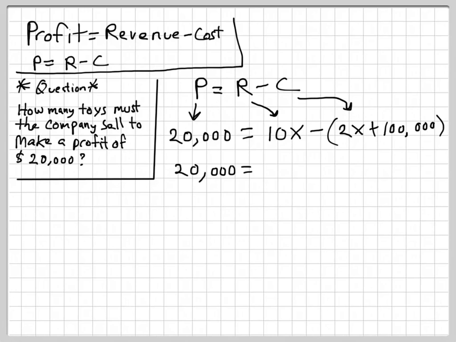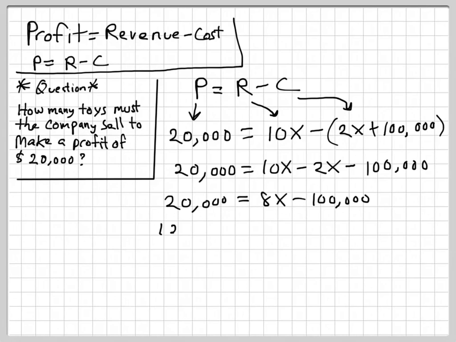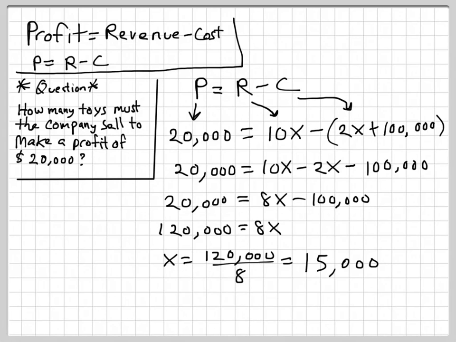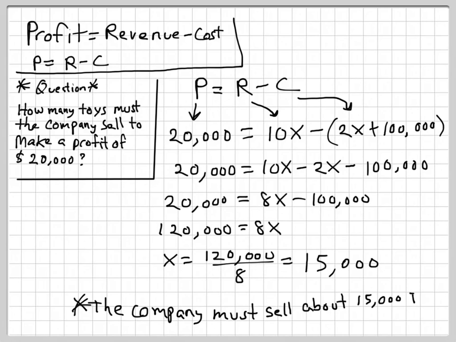And I'll simply start by distributing the negative and then solving it. And in this case, I get that x is equal to 15,000. And now 15,000 what? That's the number of toys that the company must sell to make exactly $20,000 profit. And that is it.